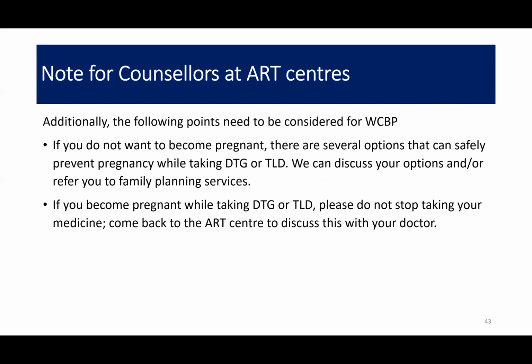Additionally, for those who do not want to become pregnant, we need to talk about contraception methods if they want to avoid pregnancies or unplanned pregnancies. And if they become pregnant, or if they are already pregnant and are past the third trimester, it has to be continued as it is. So there is no risk of DTG toxicity in those patients.